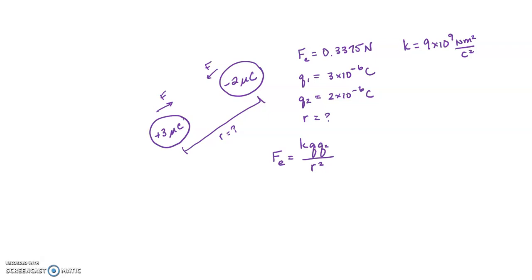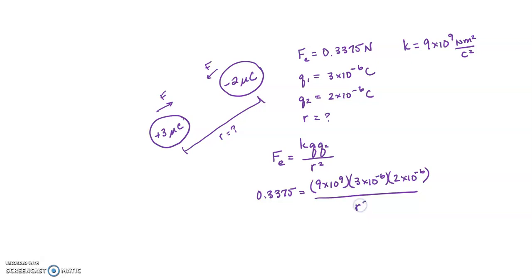So now all I've got to do is a bunch of substitution here. I know the electrostatic force is 0.3375. K is always 9 times 10 to the 9th. One Q is 3 times 10 to the -6th, and the other one is 2 times 10 to the -6th, all over R squared. Yeah, this is not a pretty equation. Not going to lie about that.